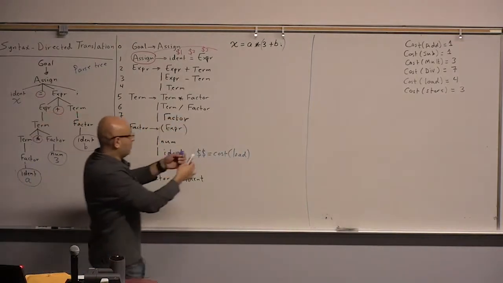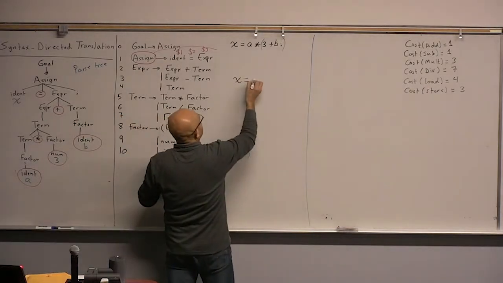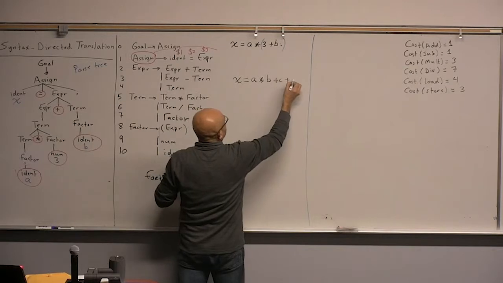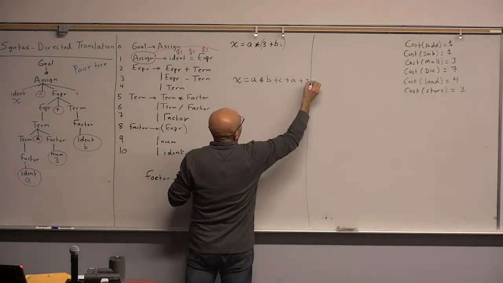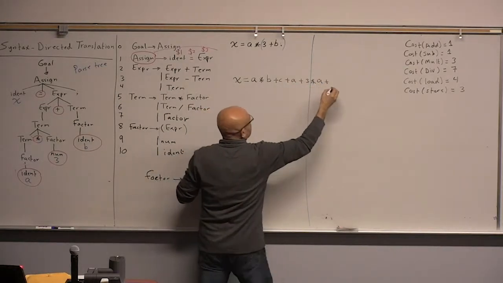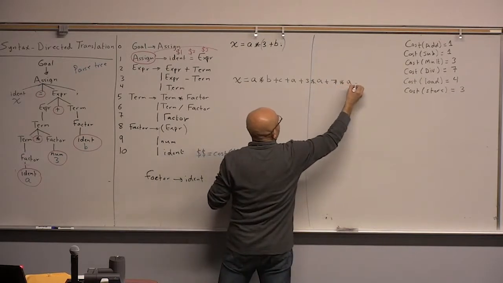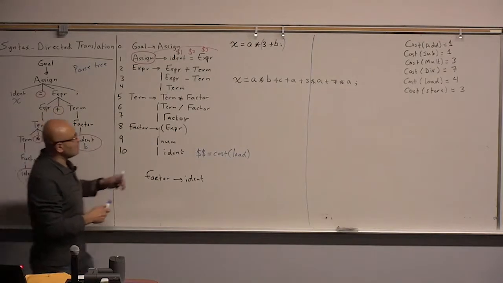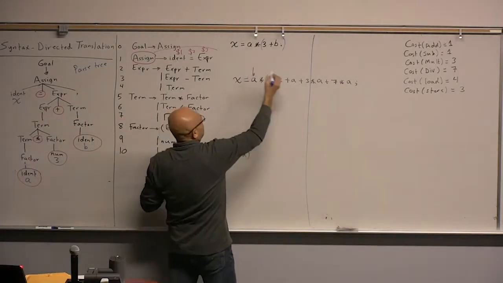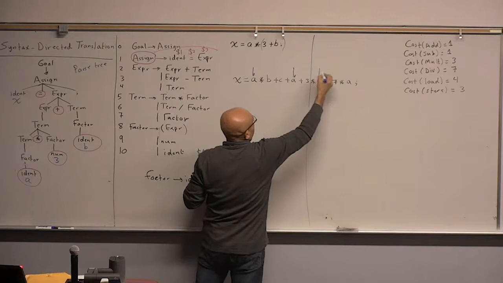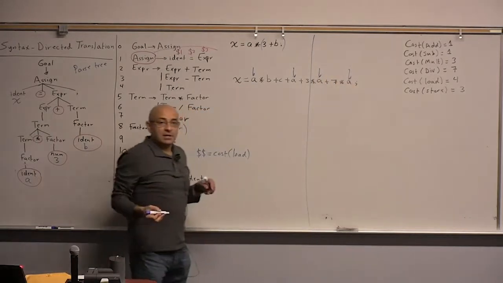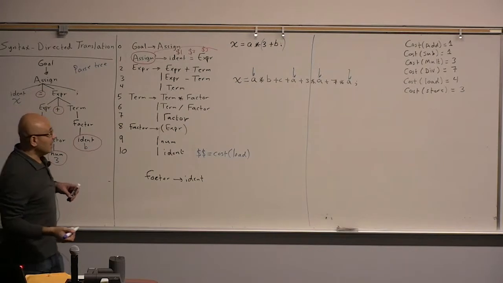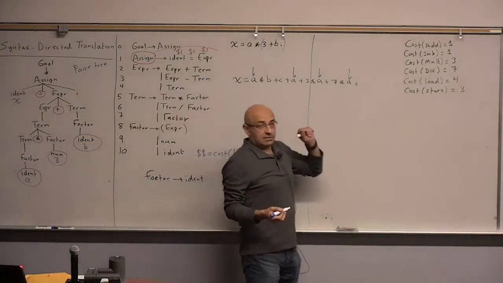So, for example, if you have something like x equals a times b plus c plus a plus 3 times a plus 7 times a, the code that will get generated for this is not going to load a 4 times. It's going to load it once and then reuse it.